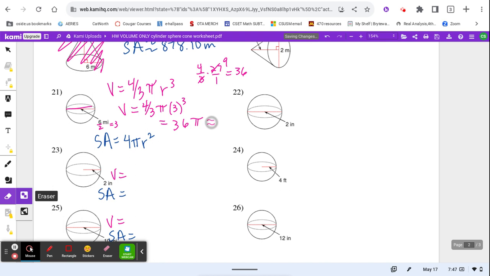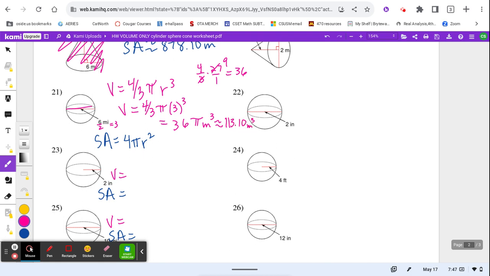And this is going to be miles cubed. And then putting that into a calculator, 113.10.